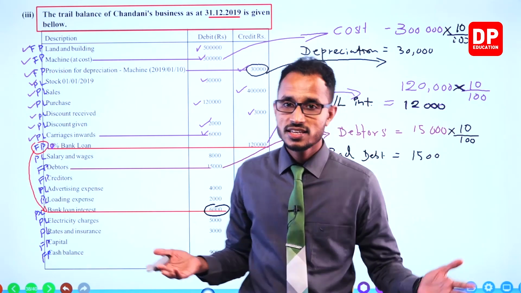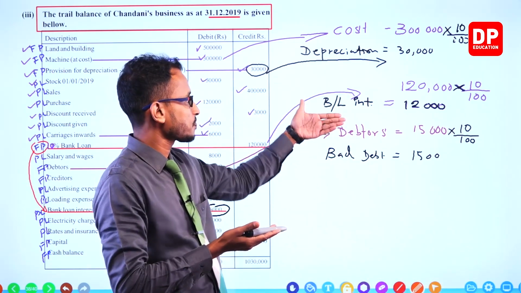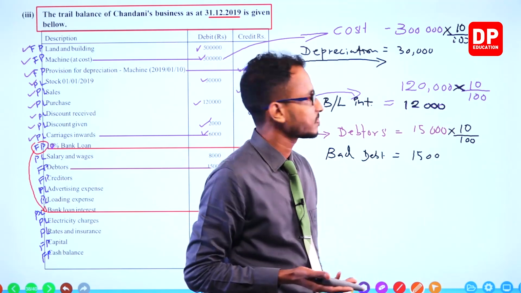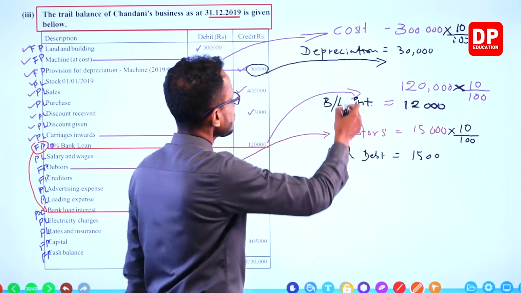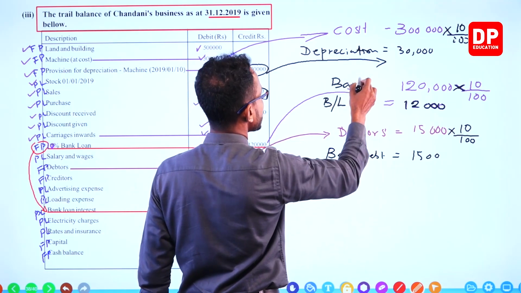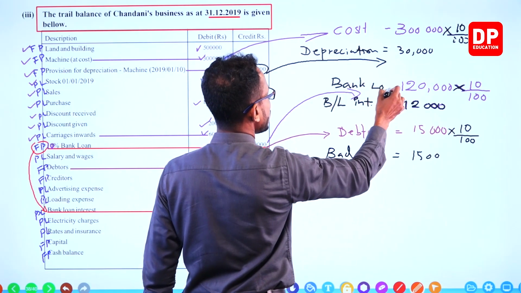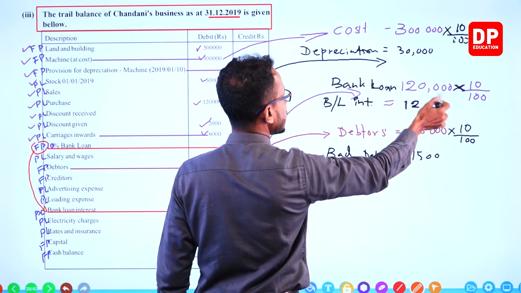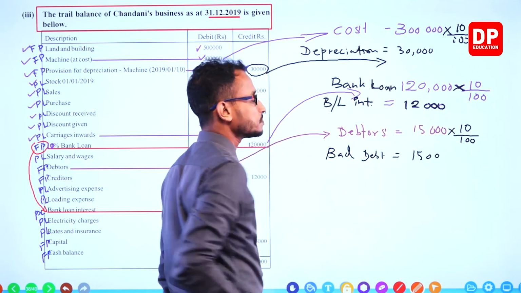When we calculate the bank loan interest, it's 12,000, because the bank loan is 120,000 and 10% is 12,000.